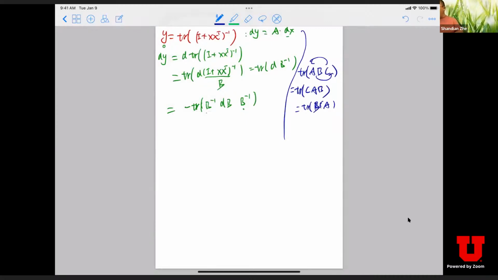That means you can just rotate the order of the matrices anti-clockwise without changing the result. It's a very well-known result.